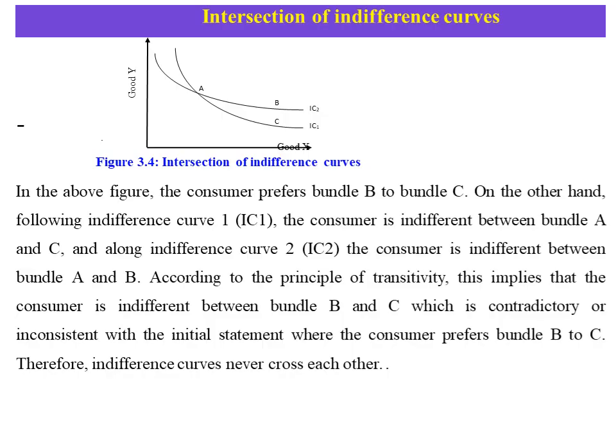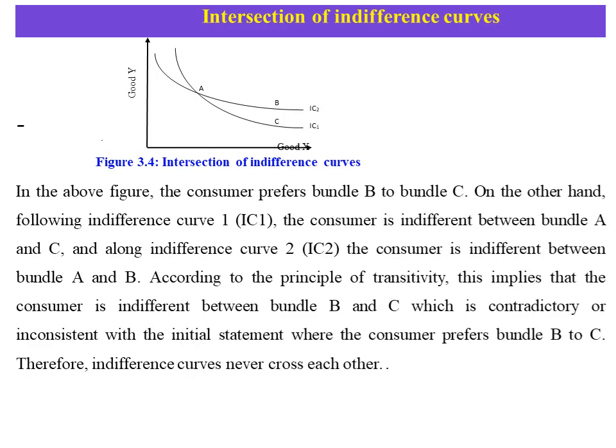On the other hand, along indifference curve 1, the consumer is indifferent between bundles A and C. And along indifference curve 2, the consumer is indifferent between bundles A and B. According to the principle of transitivity, this implies that the consumer is indifferent between bundles B and C, which is contradictory or inconsistent with the initial statement where the consumer prefers bundle B to C, or that the higher indifference curve is preferred by consumers.